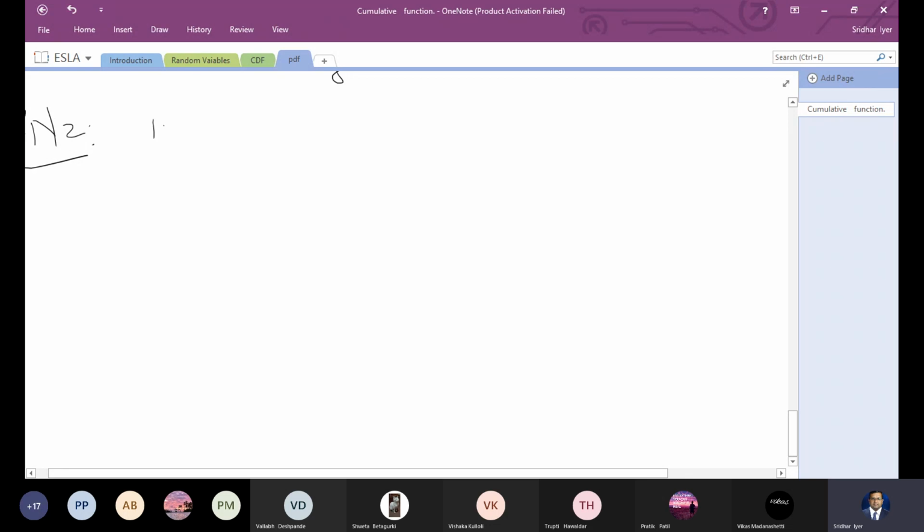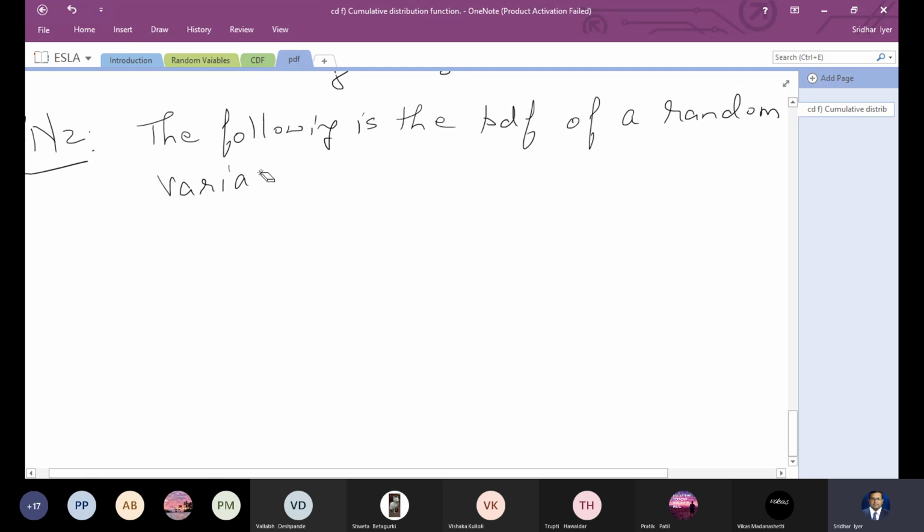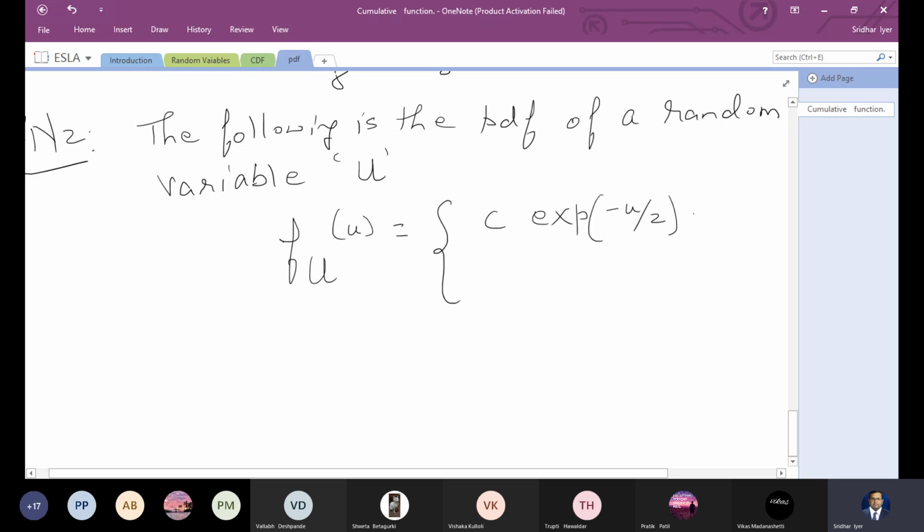So the question is, the following is the PDF of a random variable U, I should write capital U, and it is given as f U of u, which is c exponent minus u by 2 for u less than or equal to 1, and 0 otherwise. So this is how the PDF of this random variable is defined.